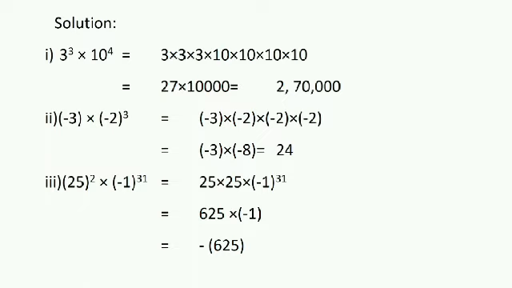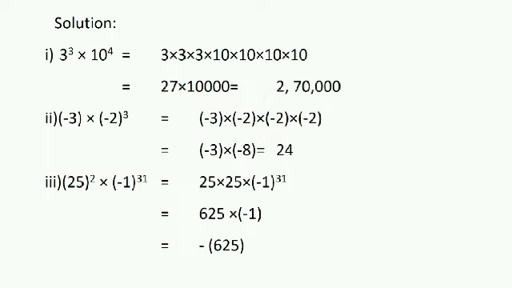Third question, 25 squared into minus 1 to the power 31. That is equal to 25 into 25 into minus 1 to the power 31, which is written as itself, because we don't have to write minus 1 31 times.